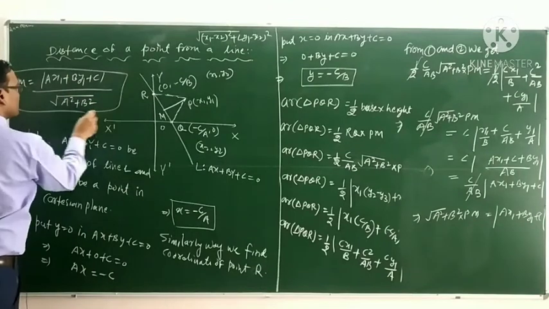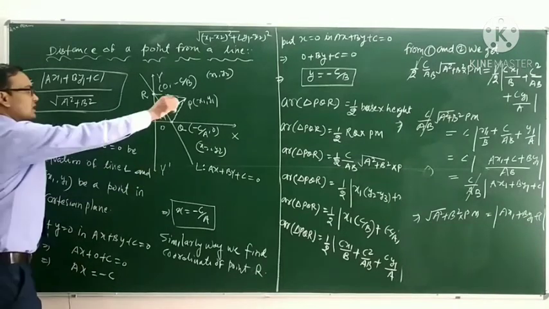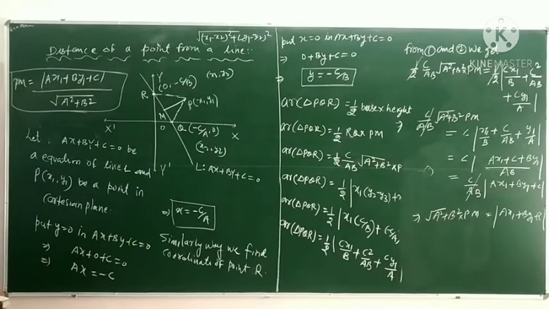Okay students, which is the formula of distance of a point from a line Ax plus By plus C equal to 0. Okay, you understood the derivation of the formula of distance of the point from a line.